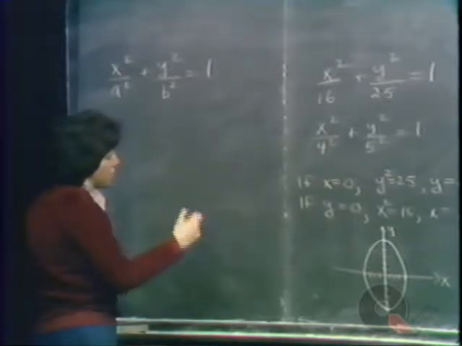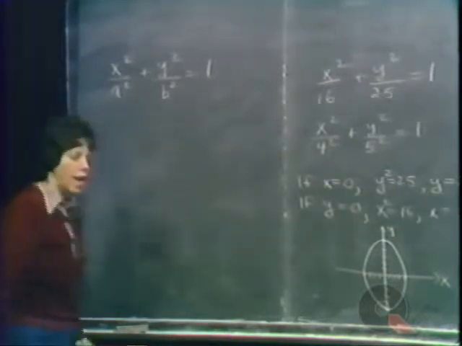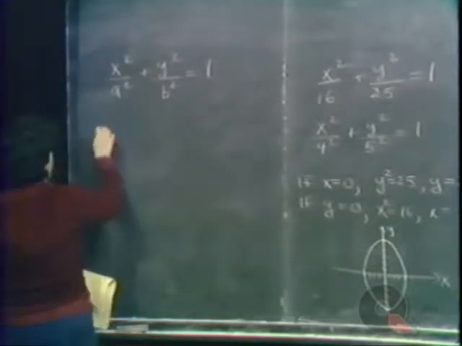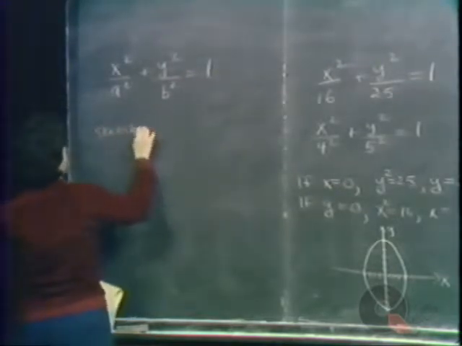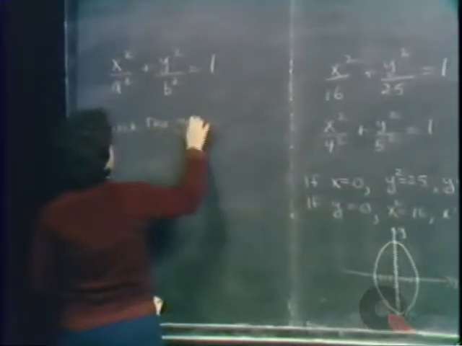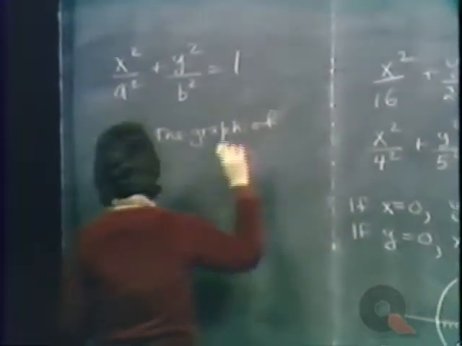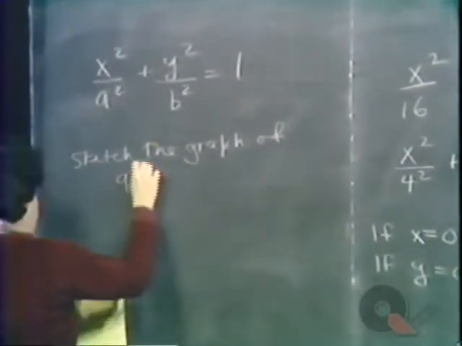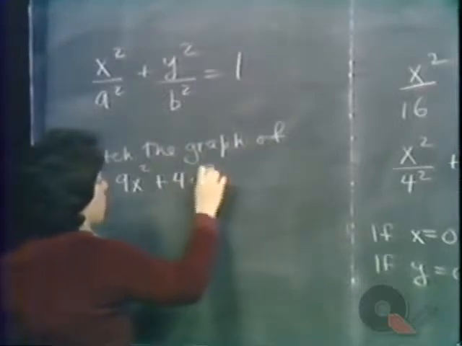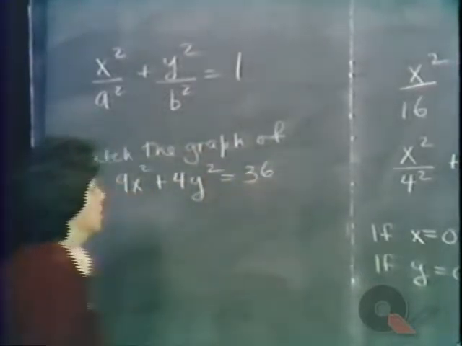Sometimes the curve that we're sketching doesn't look quite like this, but it can be put into this form. Let's say we want to sketch the graph of the equation 9x squared plus 4y squared is equal to 36.